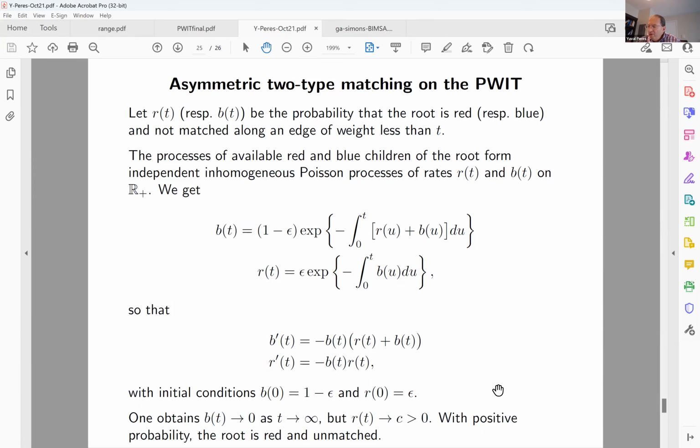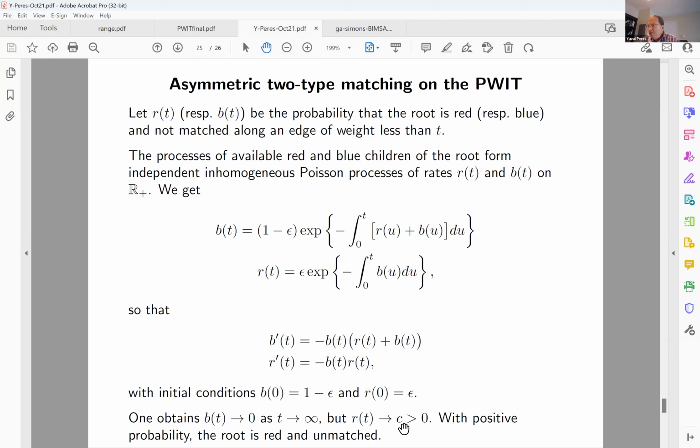not hard to solve. And when we do, we can solve them exactly, and we find that B of t does go to 0 as t goes to infinity. That corresponds to what we know, that the blues will all get matched, but R of t goes to a positive constant that we can compute, and so the conclusion is that with positive probability, the root is red and unmatched.